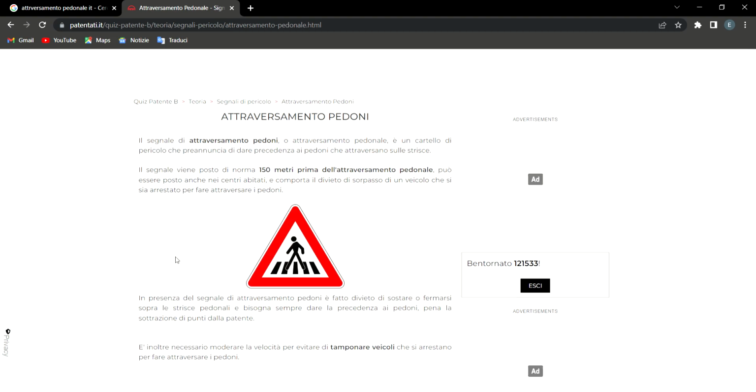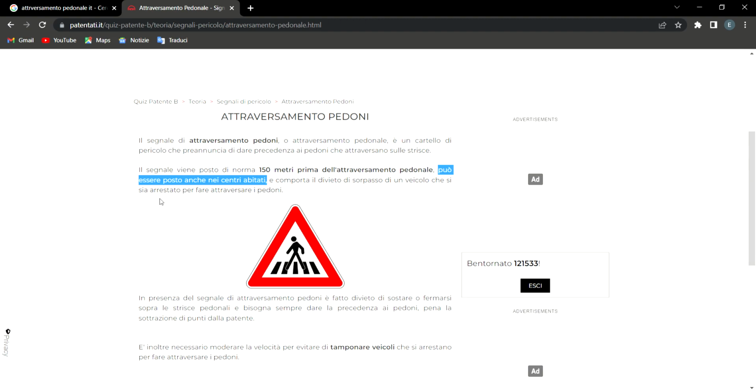And it says, può essere posto anche nei centri abitati. It's simply saying that this very sign, in some cases, can be found in a city.